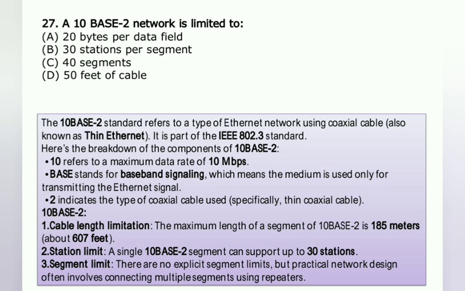The 10-base-2 standard refers to an Ethernet network using coaxial cable. That is thin Ethernet, also called thin Ethernet, of standard IEEE 802.3. Here the 10 refers to the maximum data rate, that is 10 megabits per second. Base means baseband signaling and 2 indicates the type of cable, that is the coaxial cable.